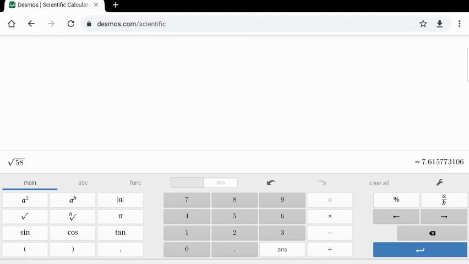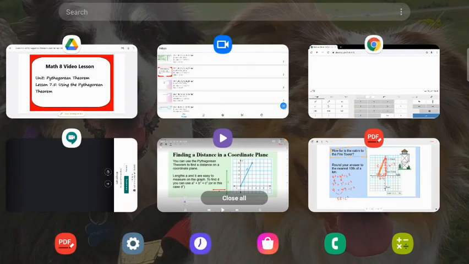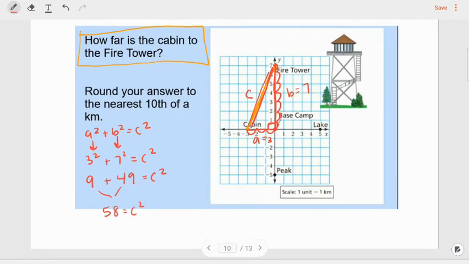So 7.6, and I look at the digit right after it to determine if it's closer to 7.7 or 7.6. Definitely closer to 7.6 because I'm not above that halfway threshold mark. So 7.6 is equal to C, and remember to label it 7.6 kilometers.